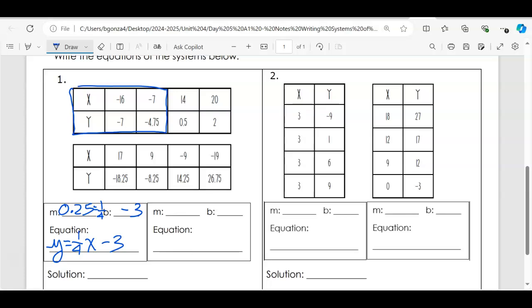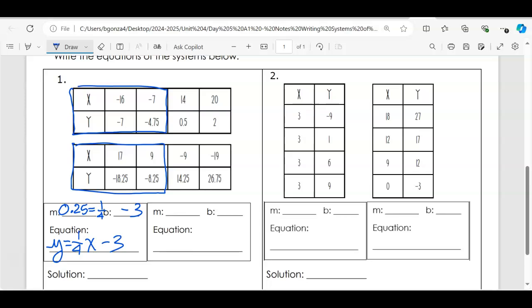So y = 1/4x - 3. Again, if you have a decimal slope, you can rewrite it as a fraction. 0.25 equals 1 over 4.